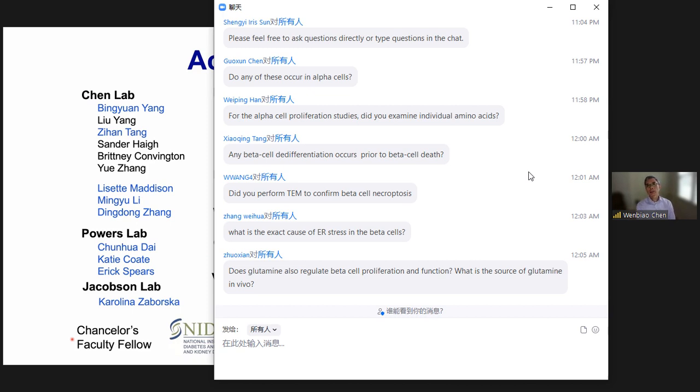Those cells are usually not as mature, because they express lower concentrations of GLUT2, GLUT1, and also lower levels of insulin. So those are considered early derived but less functional beta cells, whereas the ventral bud derived beta cells develop later, but they're more functional.